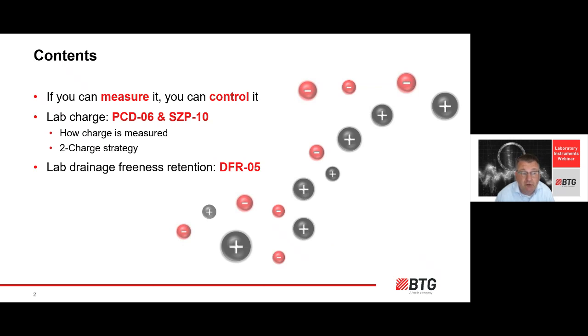For that, we will look into charge in the laboratory measurements, the PCD06, the SFP10, what dissolved and fiber charge mean, how charge is measured, what the two-charge strategy is, and round it up with drainage, freeness, and retention on our DFR05 device, giving you some demonstration of how these units work. By that, I hand it over to you, Todd, and wish you fun going through the content here.